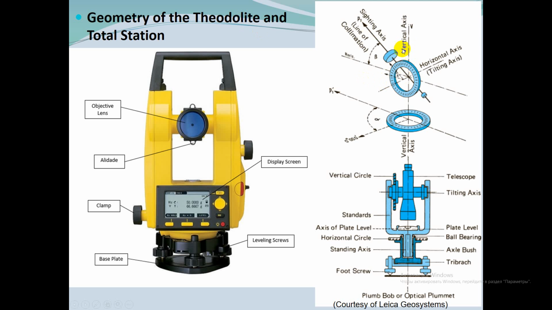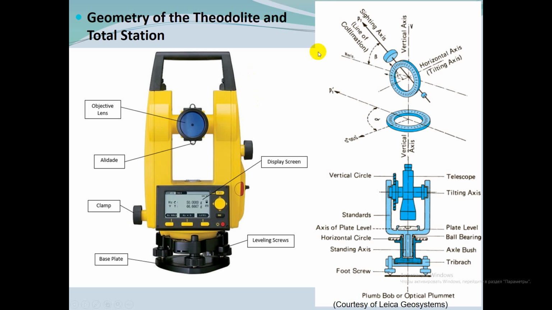The line of sight, also called the line of collimation, is a line joining the intersection of the reticle crosshair and the center of the objective lens.